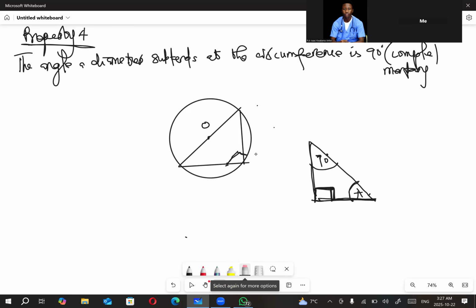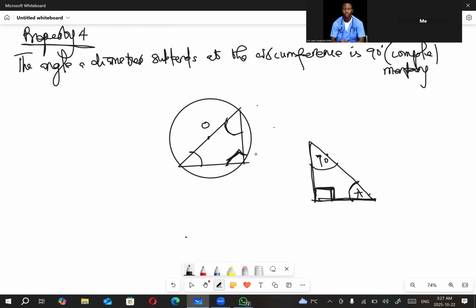There is something I have to teach you, but I'm not there, so I don't want to complicate things. So let's appreciate it like this. When you discover it's a diameter, it's a right angle triangle. The angle it makes at the circumference is 90. So I appreciate it as a right angle triangle. What it means is that the other angles must add up to be 90.